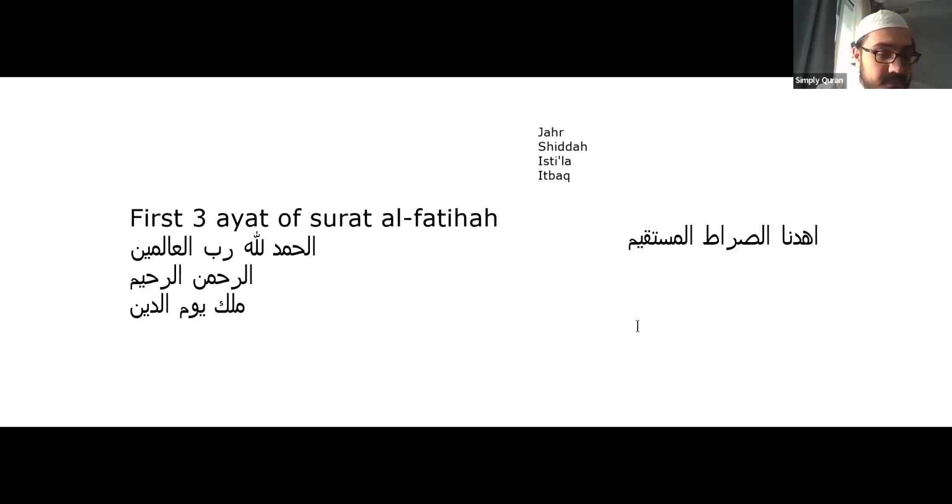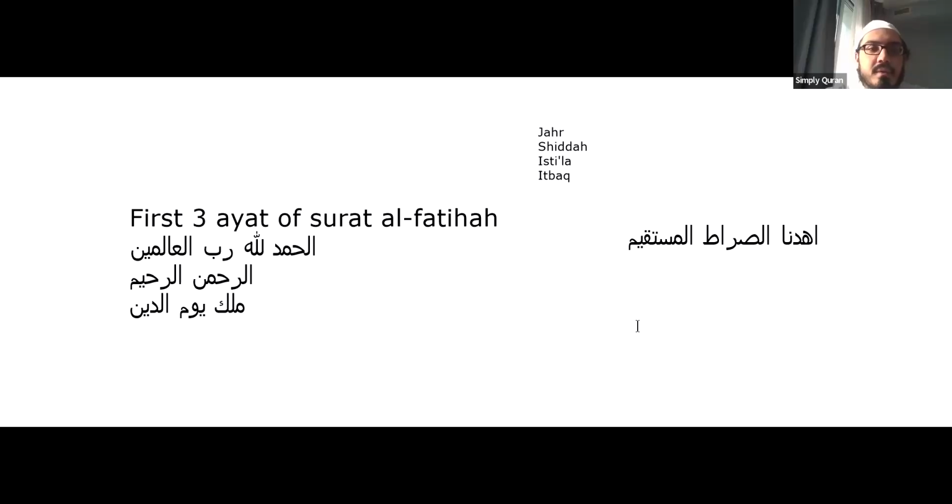But for example, ghayn, isn't it cut off? Sorry, which letter? Ghayn. Okay. Yeah, that one sounds like it's cut off, like it's not continuous. Okay, so let's analyze that. So ghayn. Is it hams or jahar? That's jahar. Is it shidda or rikhwa?